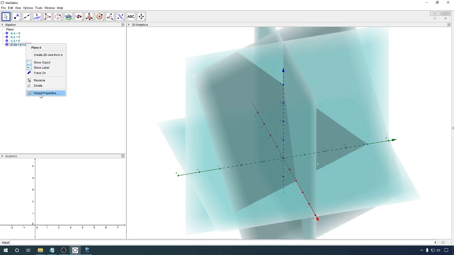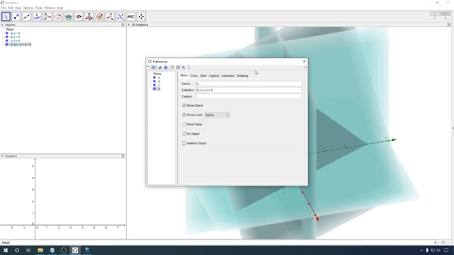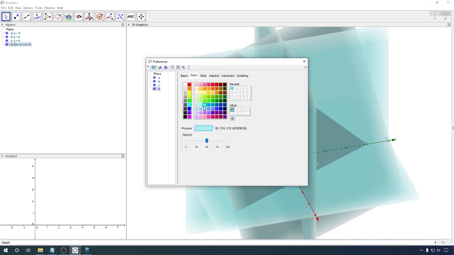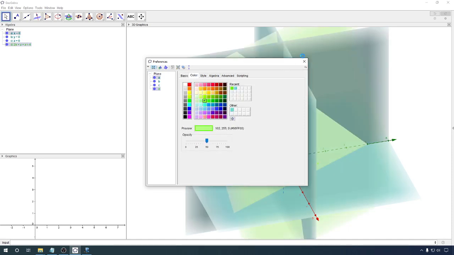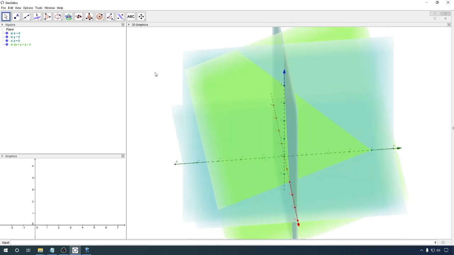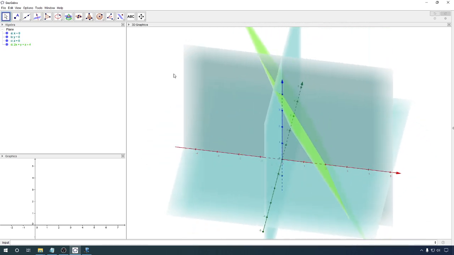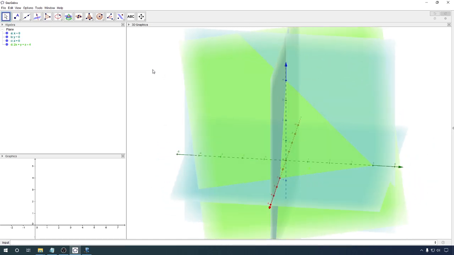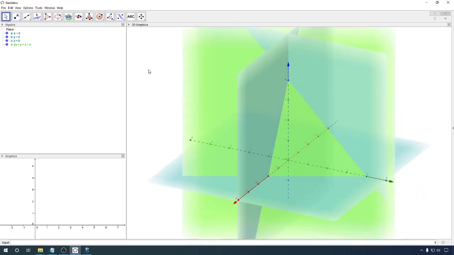And maybe I'll make that a slightly different color, more green, so it stands out a little bit better. So we've got our coordinate planes, and this one just kind of comes through and cuts through them. There's one corner that has a place that's between all four of them at once.